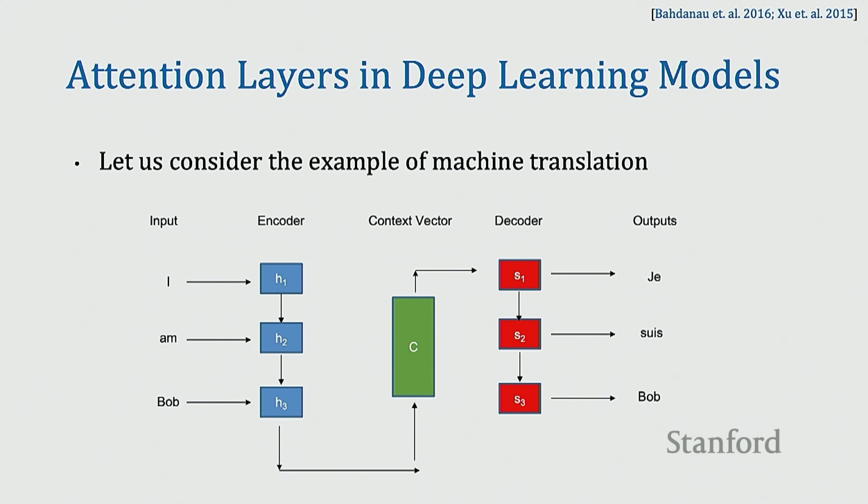So now once this encoder is built, the next part is that there is a decoder on the other side, and there is a context vector in between. For the purpose of this architecture, you could assume that C is just taking the value of H3, which is the encoded representation of the last word there.